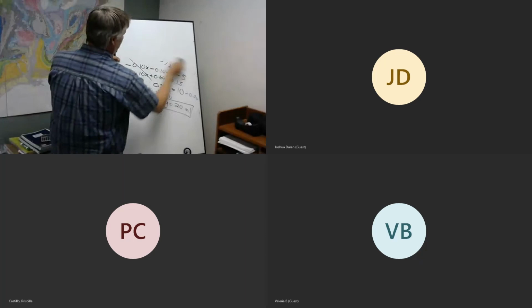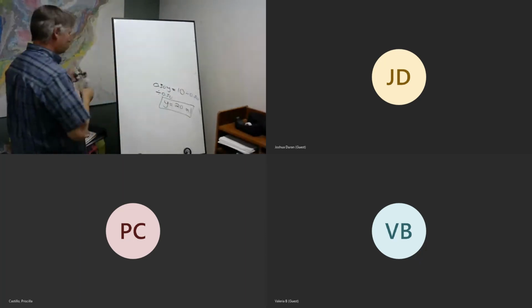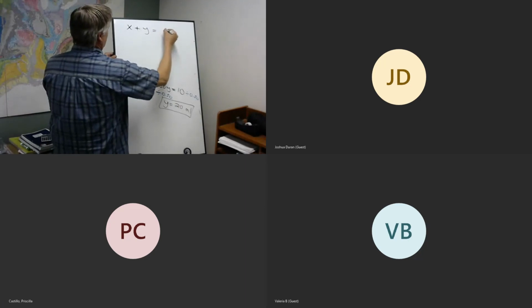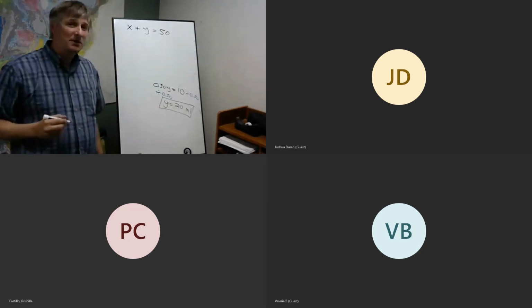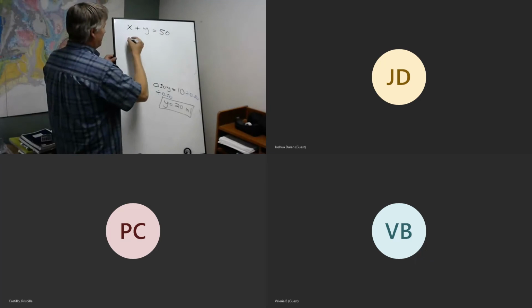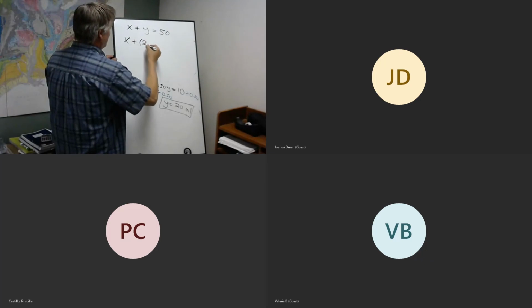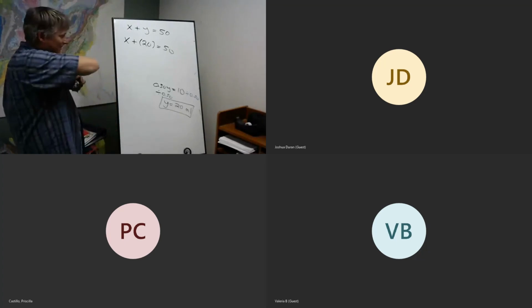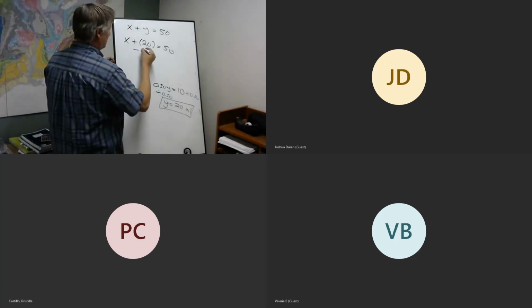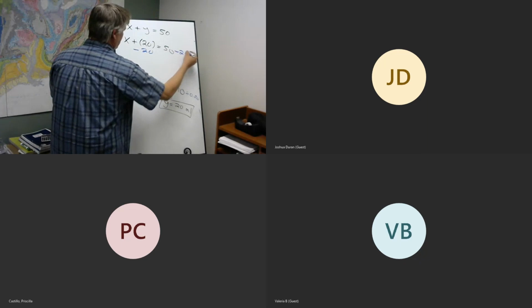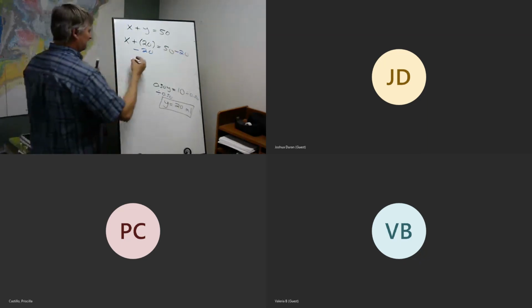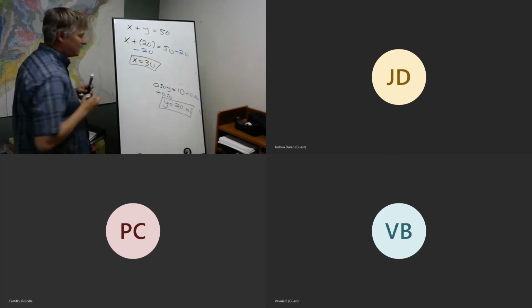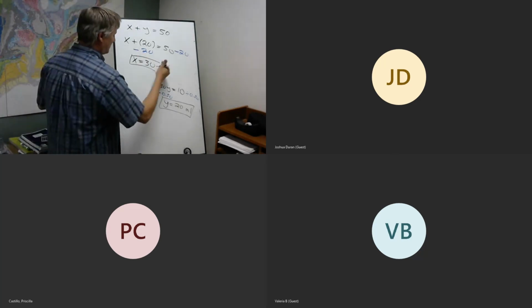I'm going to use the easy equation. X plus y is 50. So you get x is 30 milliliters.